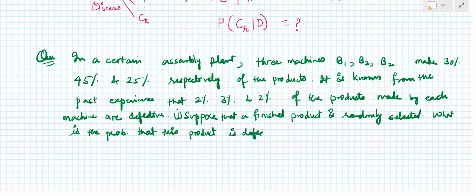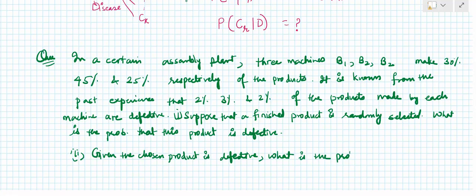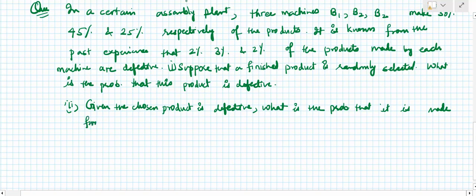And the second part is, given the chosen product is defective, what is the probability that it is made from machine B3? Okay. Now you look at the question carefully.